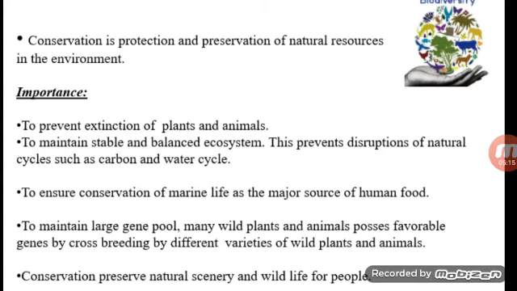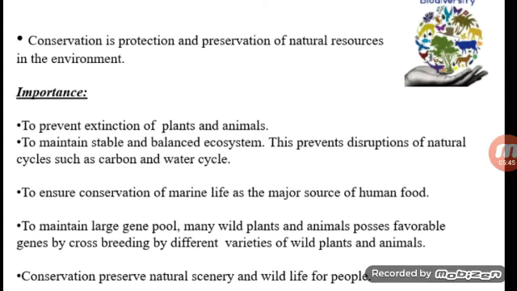Importance of conservation. Number one, to prevent extinction of plants and animals. Second, to maintain a stable and balanced ecosystem. Number three, to ensure conservation of marine life as the major source of human food.